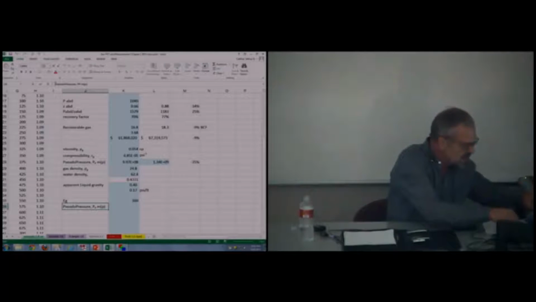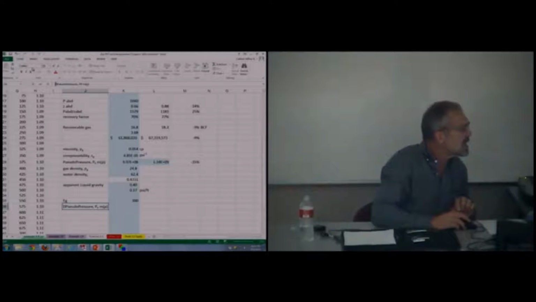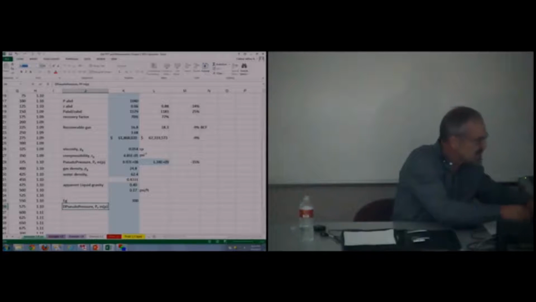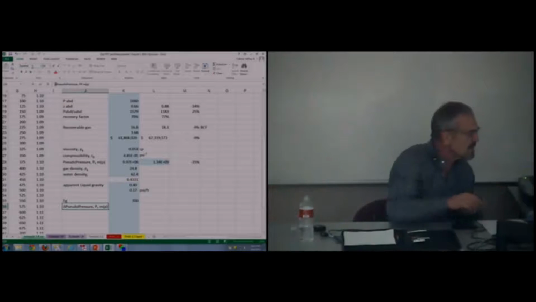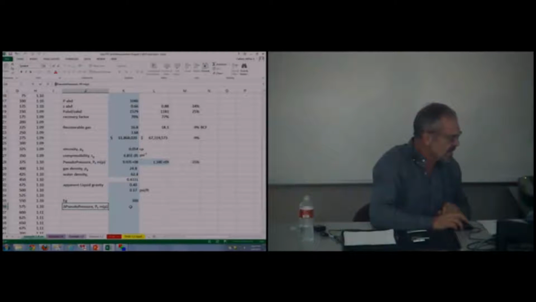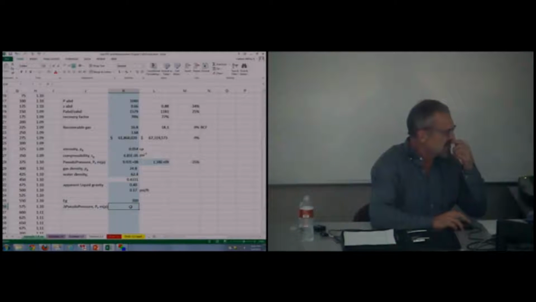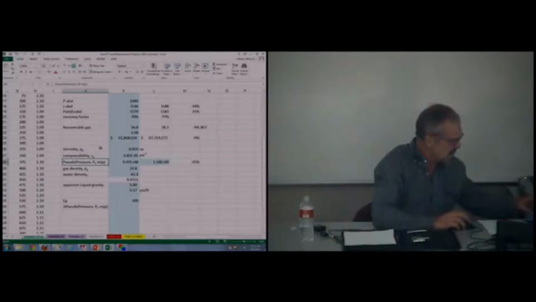Let's look at delta pseudo pressure. I love coming up here and hitting the symbol. We never got a pseudo pressure at abandonment, did we? I got room for it.